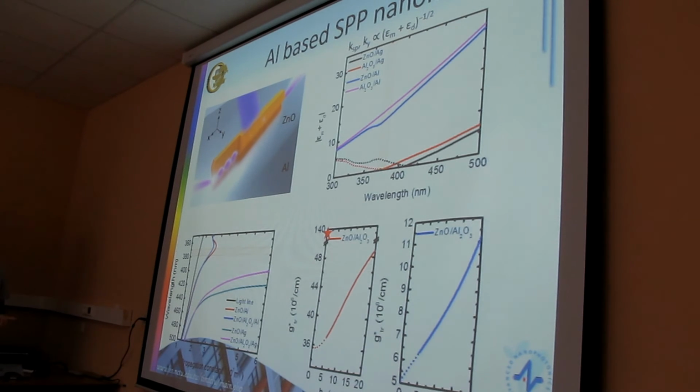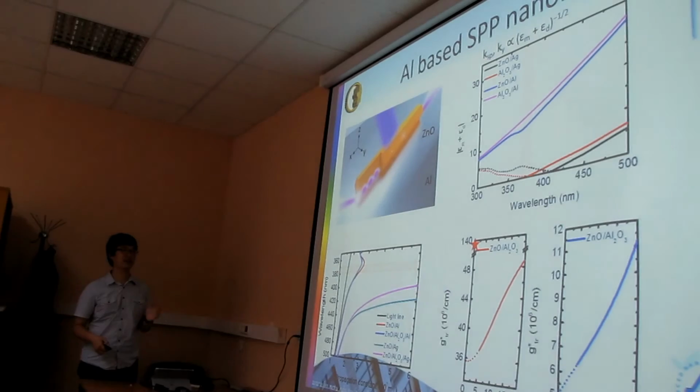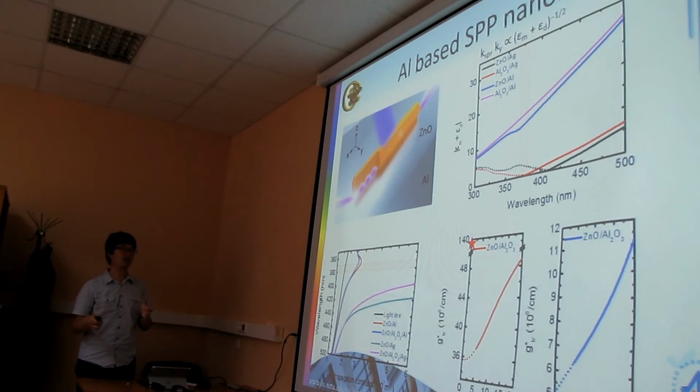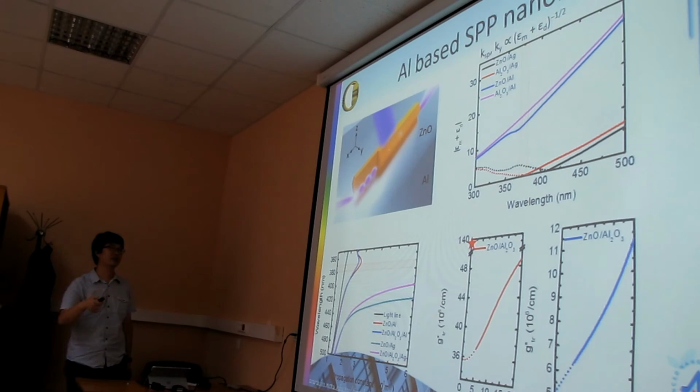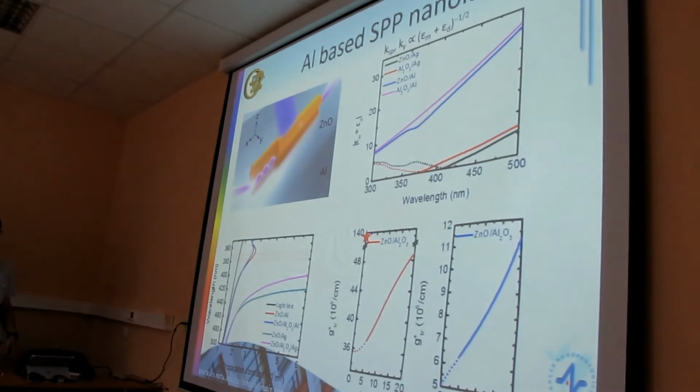However, we found that to operate surface plasmon, it is usually related to the mode confinement factor and the propagation length, which are highly related to this formula. Epsilon m is the permittivity of the metal, and epsilon d is the permittivity of the dielectric layer.